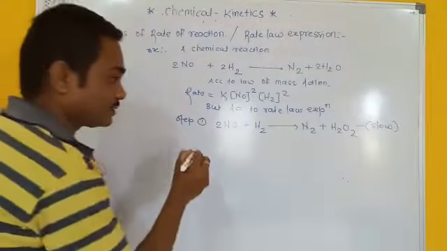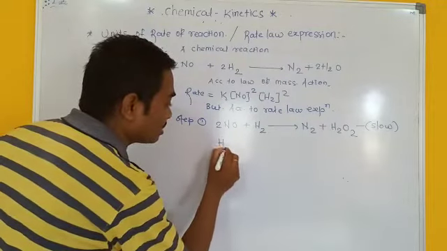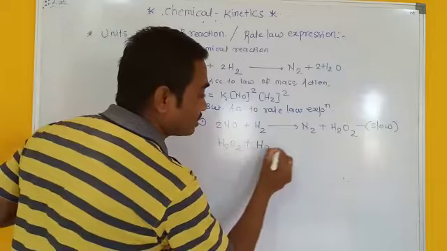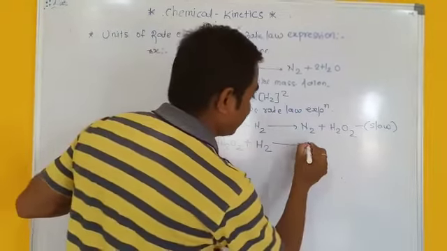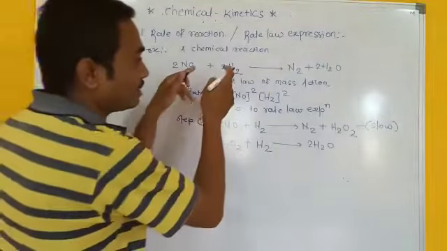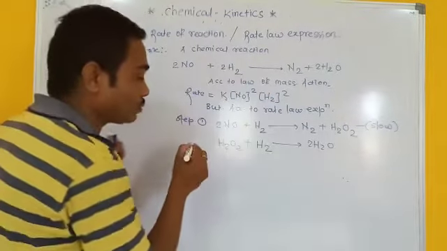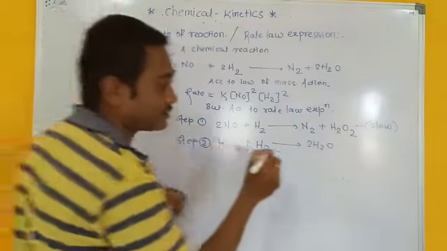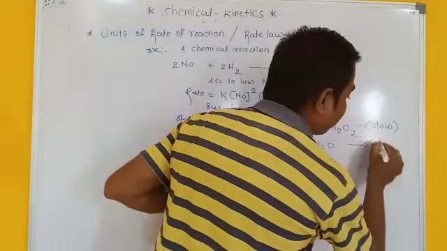And after that, second, this H2O2 again combines with a second molecule of H2, then it gives 2H2O. That means this reaction takes place in two steps. First step is a slow step and second step is a fast step.